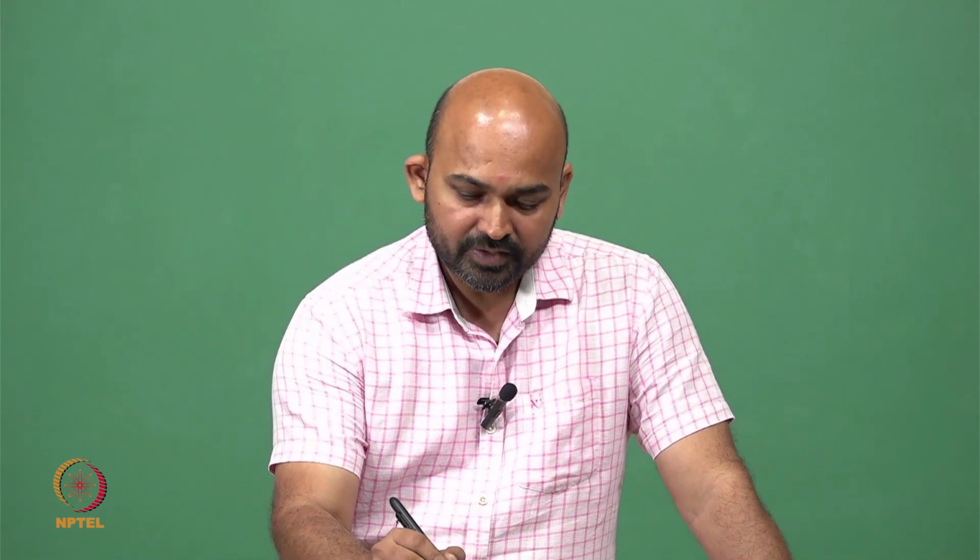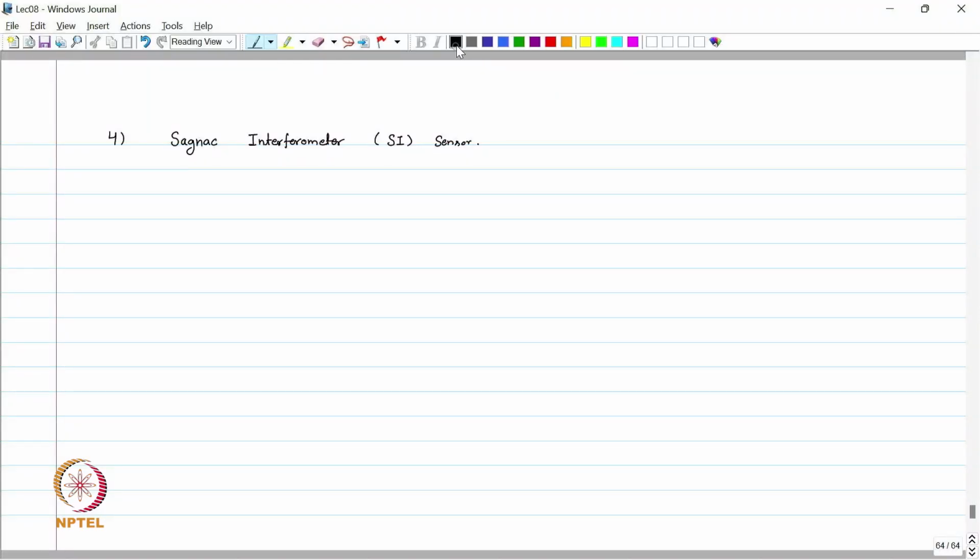The basic structure of this SI sensor is something like this: we have an optical fiber which is coming in here, and then we have a 3 dB coupler which splits the wave coming from this fiber into two parts, and both ends are connected to a single fiber.